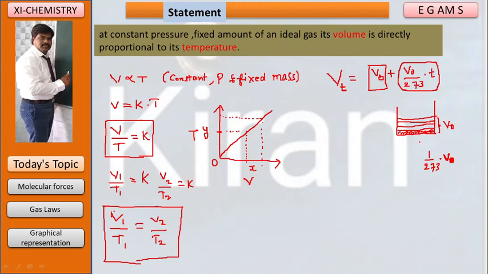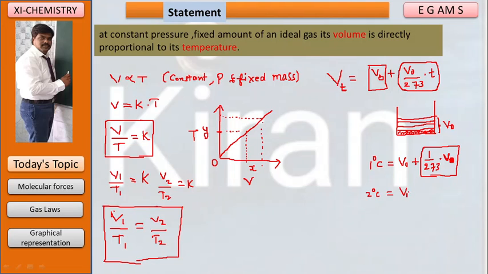Right? When you increase the temperature by 1 degree centigrade, how much amount will be added to the original volume? So this much amount should be added. When you increase the temperature by 2 degree centigrade, how much volume should be added to the original volume?